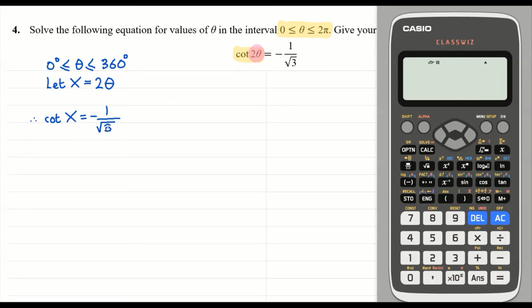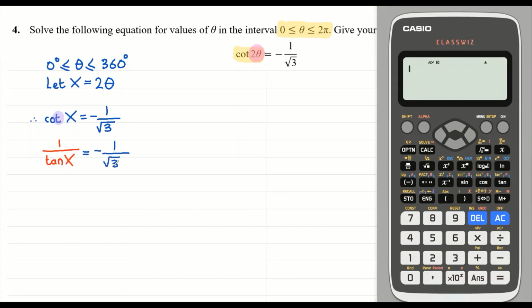Now, what we need to do now is replace the cot X with something else. And we can use that third letter rule again. So the third letter of cot is, of course, T. And that means that cot is the reciprocal of tan. So we can now rewrite this as 1 over tan X, and tan of big X, of course, is equal to negative 1 over root 3.